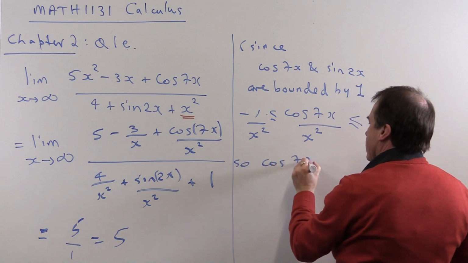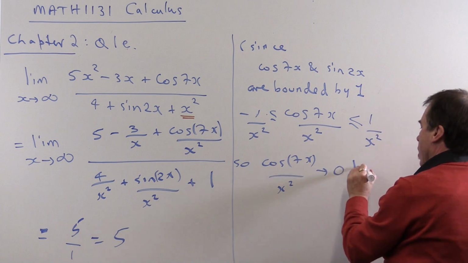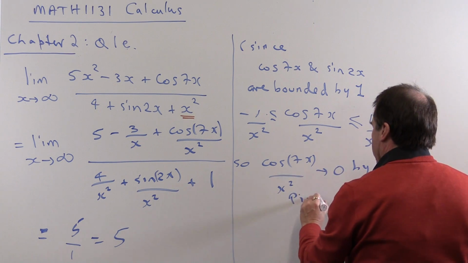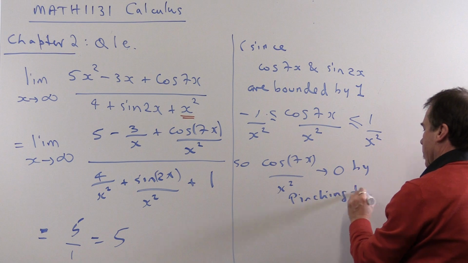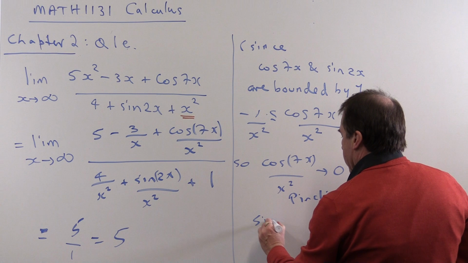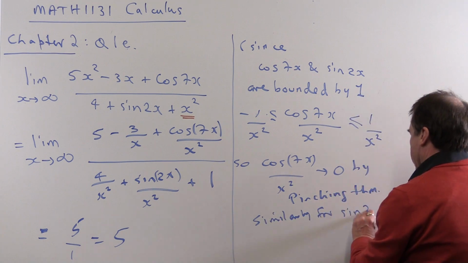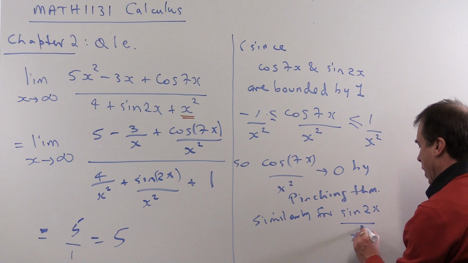So cos 7x over x squared goes to 0 by the pinching theorem, which comes a little later in the course. And similarly for sine 2x over x squared.